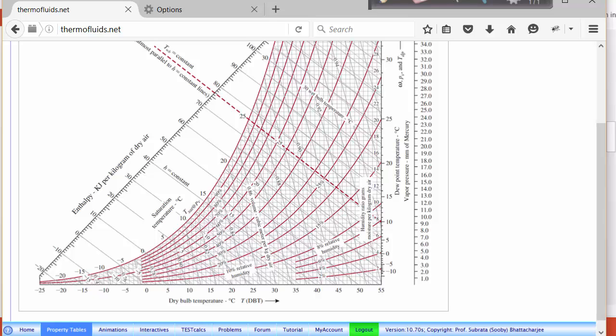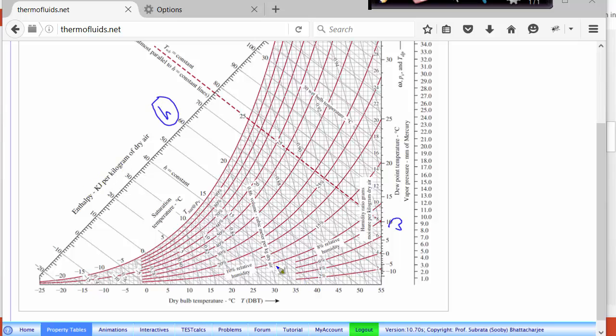I know in this video it will not be very clear, but again, this is the dry bulb temperature. Here we have vapor pressure, we have omega on this axis, and this is enthalpy, as I already talked about.